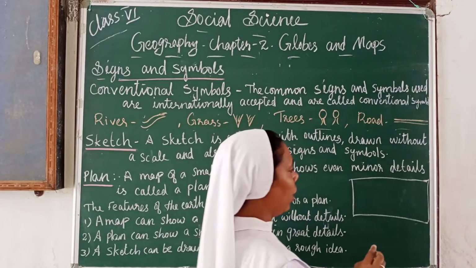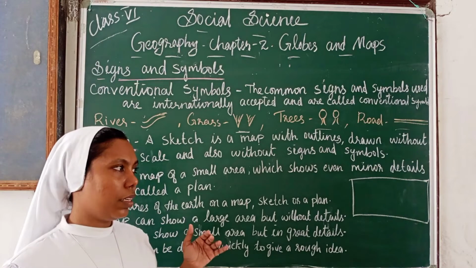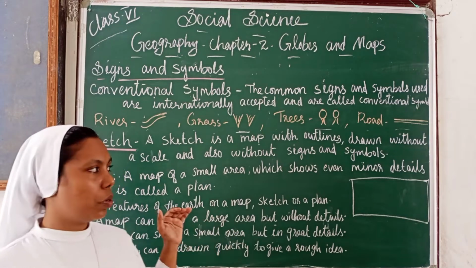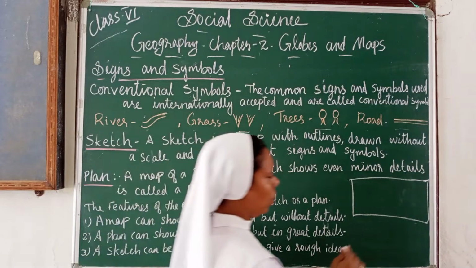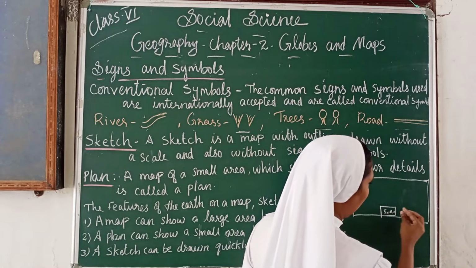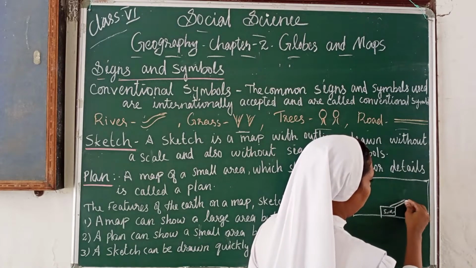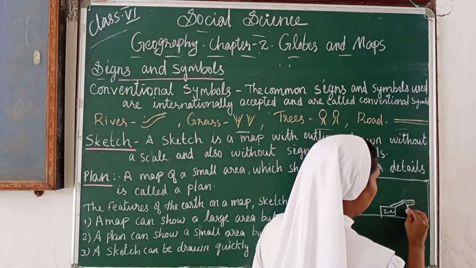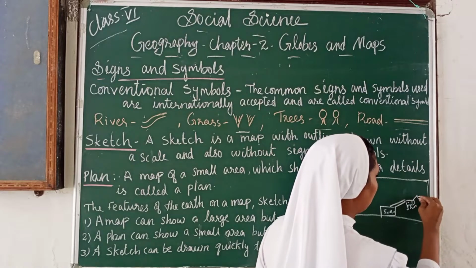For example, you are in the school, and a new student came to your school who doesn't know that the bookshop is near the school, and you have to show him the way. How can you show it with a sketch? This is the school, and from the right side the road goes, and here is one shop. Going from here, there are some trees.